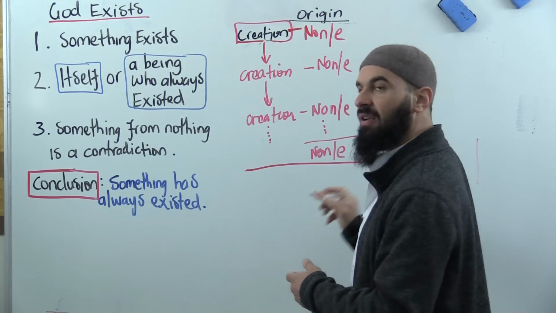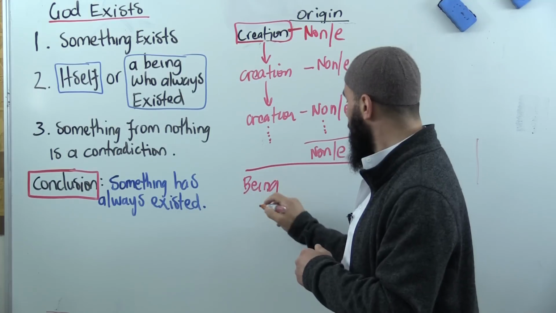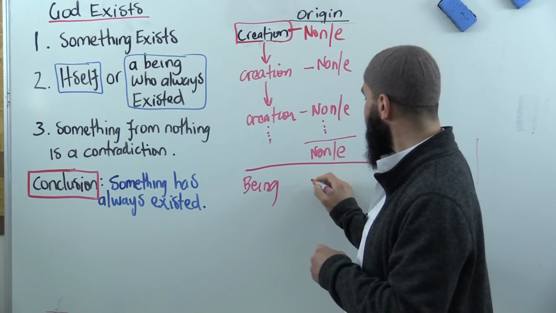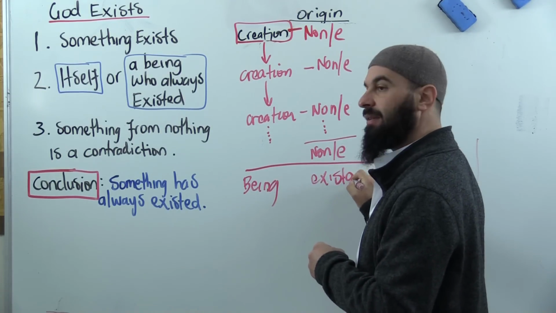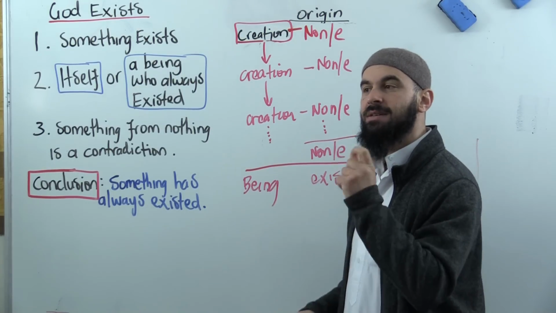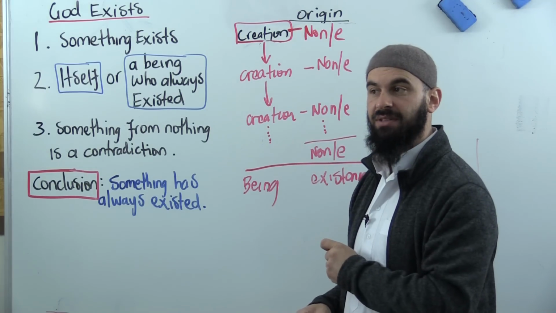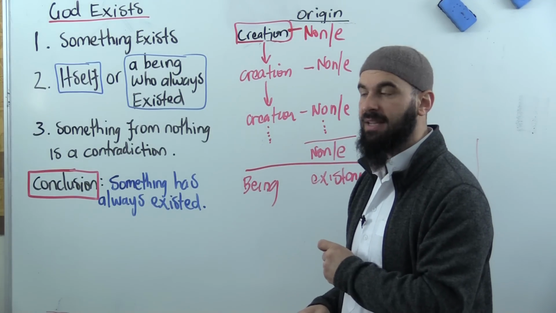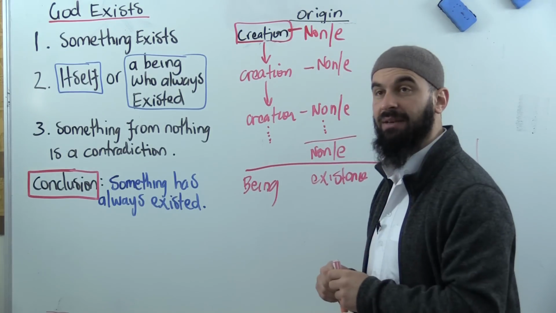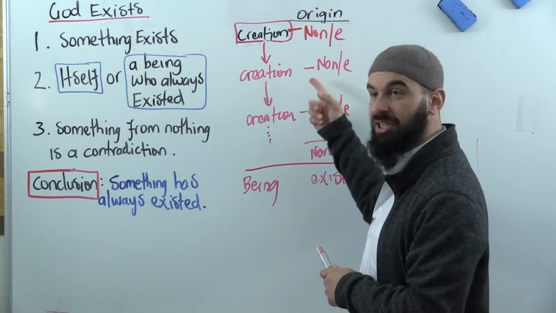Existence will only ever arise if this stops at the being whose essence is existence. Meaning that this being never began. He was not caused to exist. And in fact, he is a beginningless being. And he was the one that gave rise to their existence.